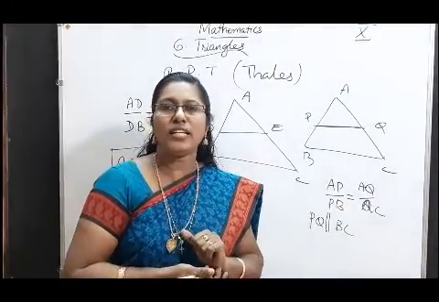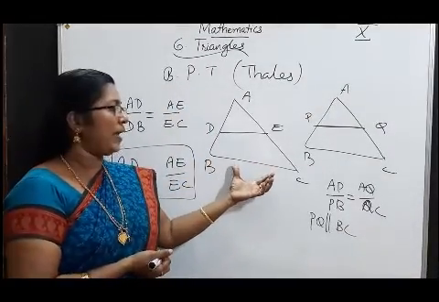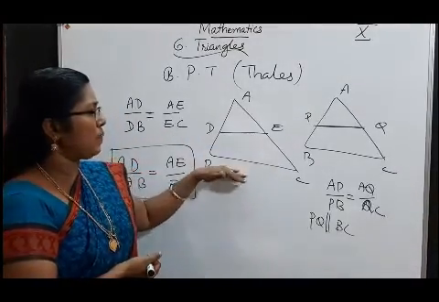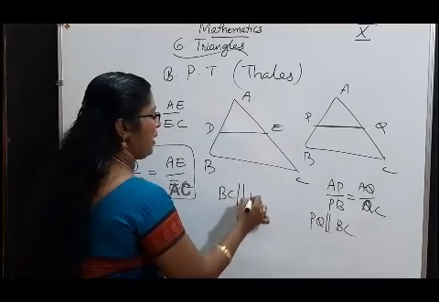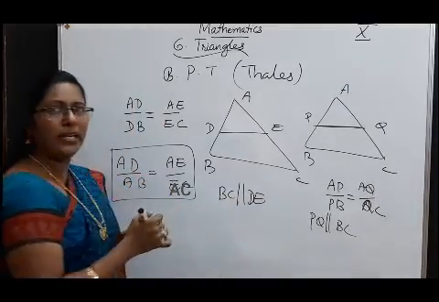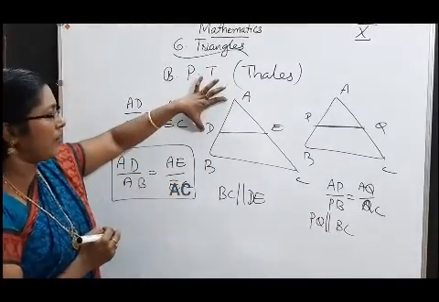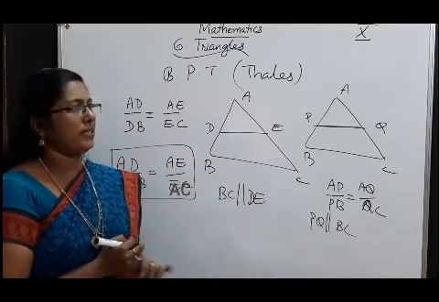The basic proportionality theorem says that if we draw a line parallel to any one side of a triangle, here BC parallel to DE, the corresponding sides are proportional. That means AD by DB equals AE by EC.